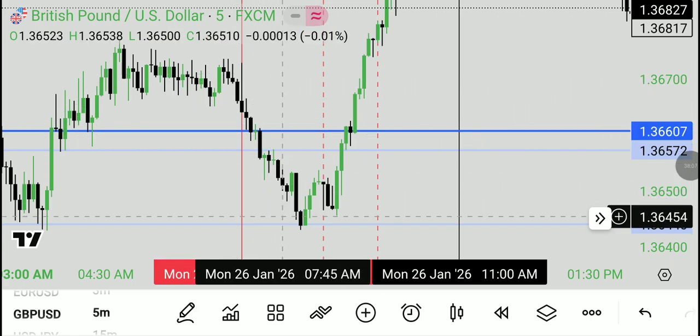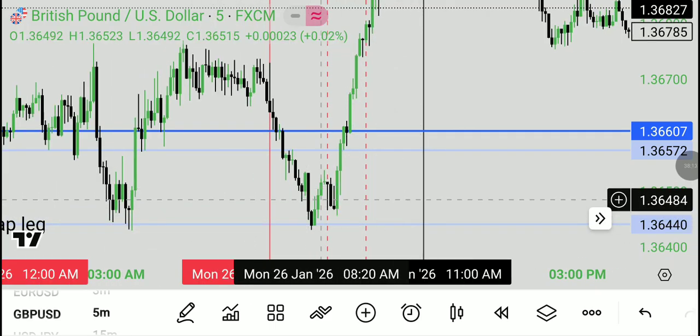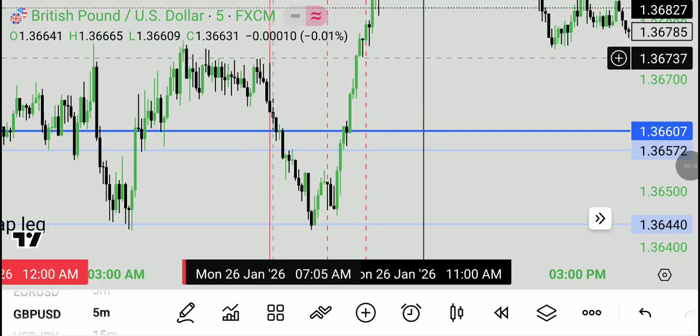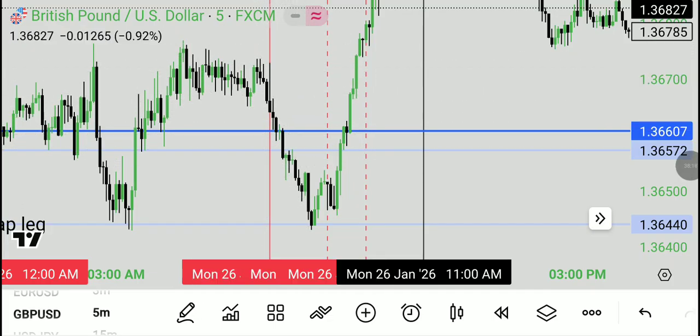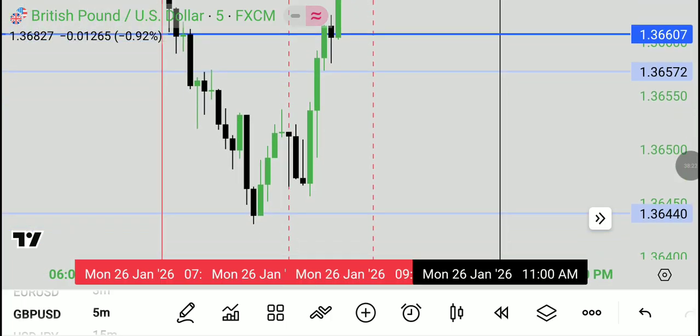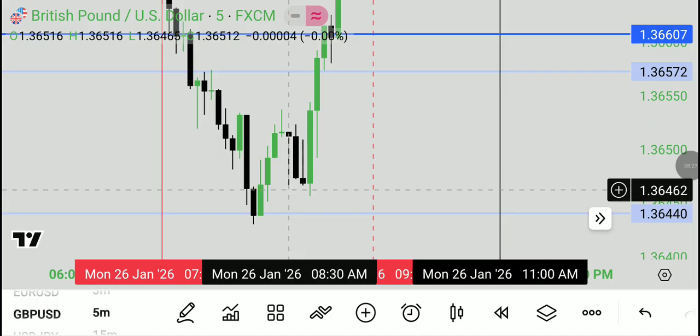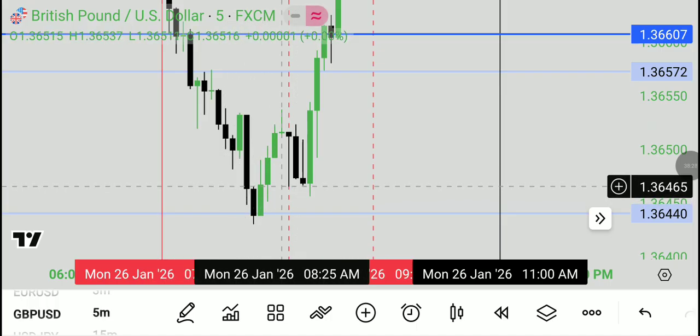Because of this leg again. You can see they keep dropping to the leg, and at 8:30 they form this low, to the middle of two up close candles.